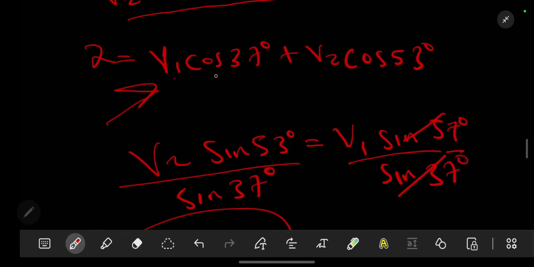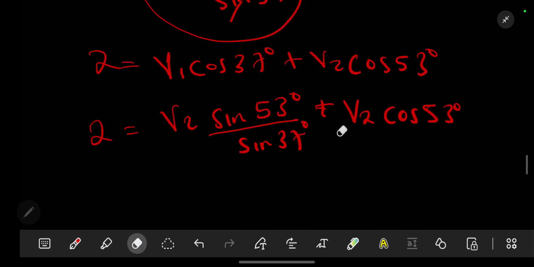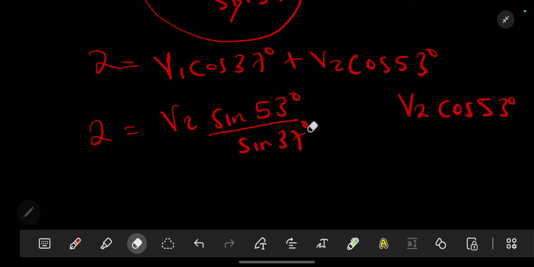Then what else is there? We have the cos of 37. So we multiply this by the cos of 37 degrees.